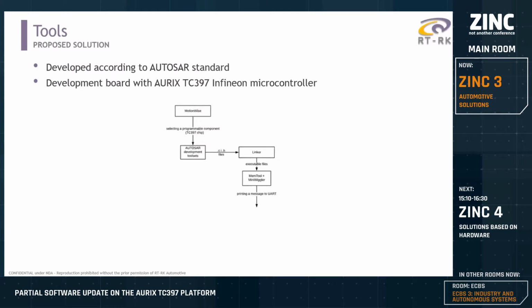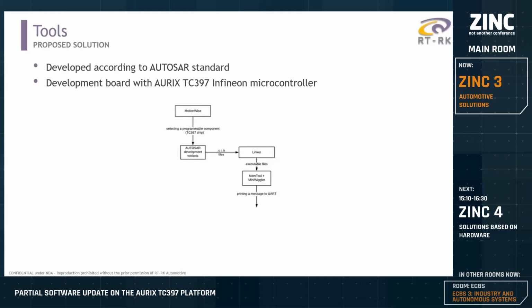So on this slide, you can see the block diagram, which shows the process of obtaining an executable file for partial software update. The partial update is developed on the MotionWise platform.